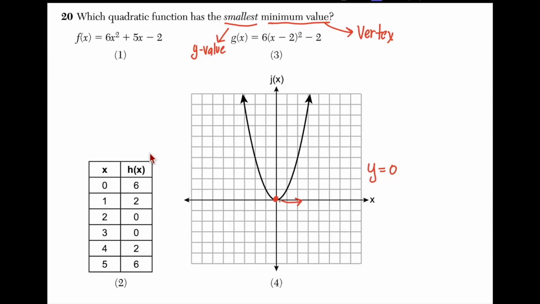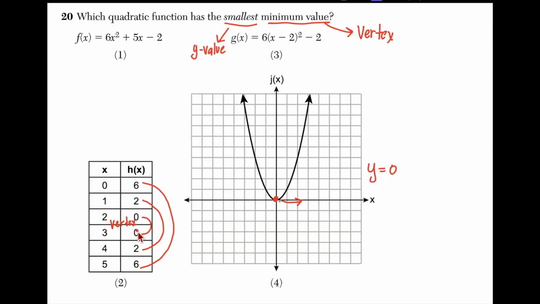Okay. Now, if I'm looking at all of these others here, I might say, what's the next easiest? Visually, I like to go with tables. So again, to find my vertex, symmetry. Okay. So 6 and 6, 2 and 2, 0 and 0. So for this one, I can't see the vertex exactly, but what I do know is that the vertex is going to be in between these 2 points.